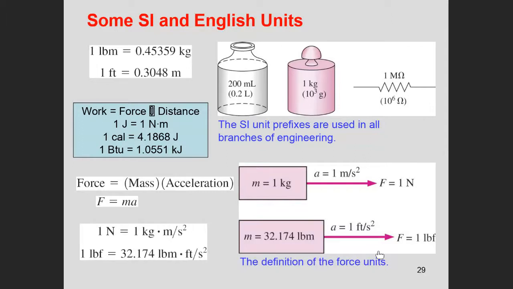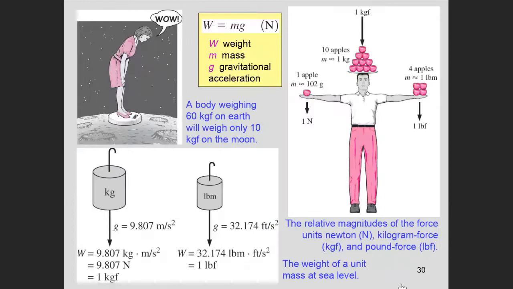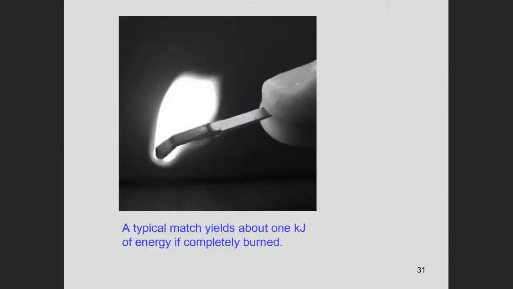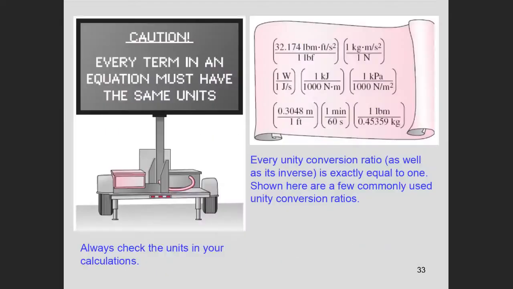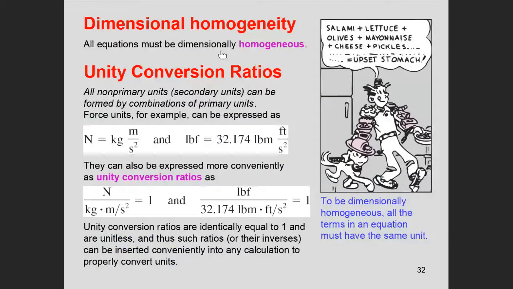Okay, brilliant. We talked about SI units and British units, and energy and its units. We talked about something very important: unit conversion and dimensional homogeneity. If you have an equation, all the added terms should have the same units.